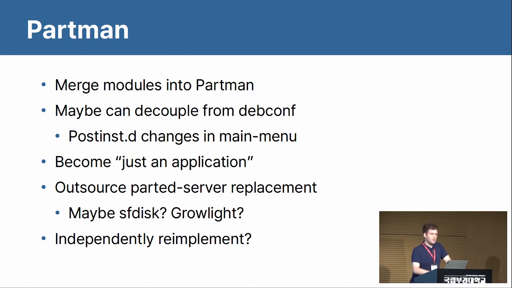There has been a GrowLight presentation a few years ago that was trying to replace Partman in Debian Installer, if I remember correctly. It was another partitioning tool essentially for the Debian Installer. Or we can try to independently re-implement a partitioning tool to replace it.